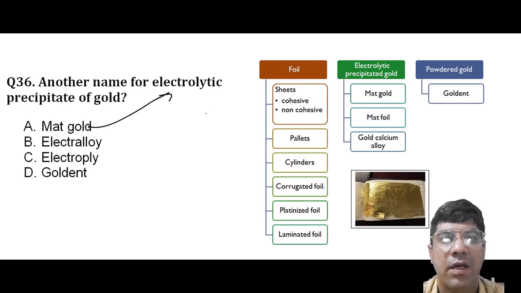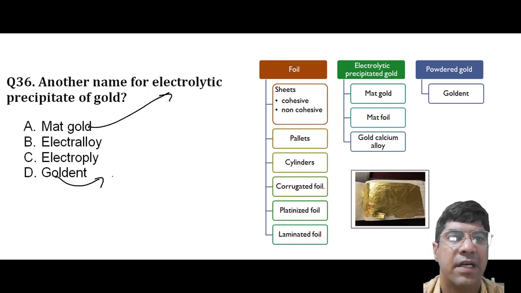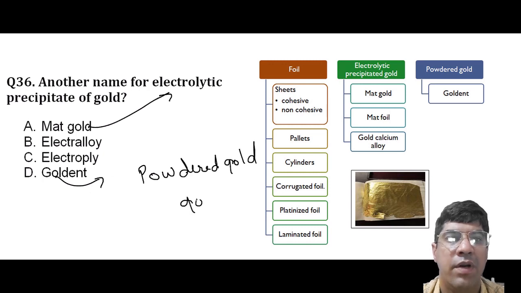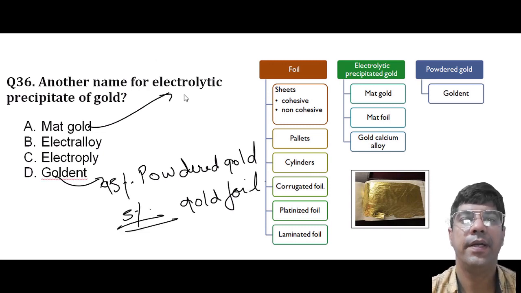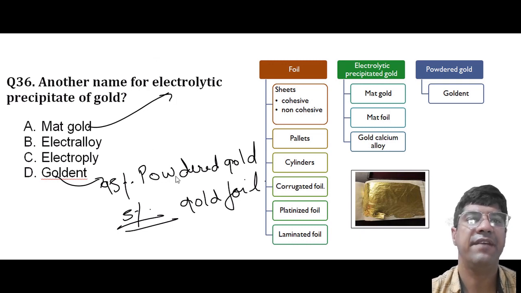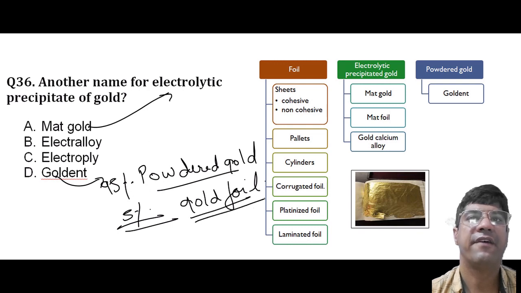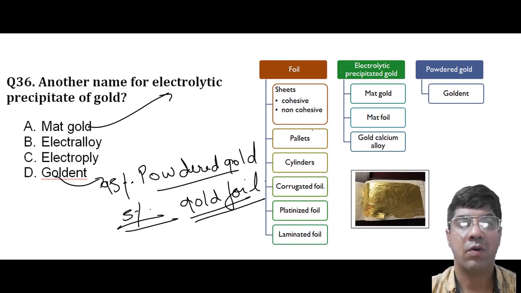What is gold dent? Gold dent is a combination of powdered gold and gold foil. The ratio is 95% powdered gold and 5% gold foil.